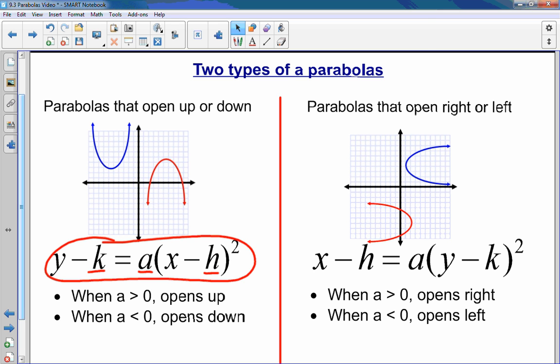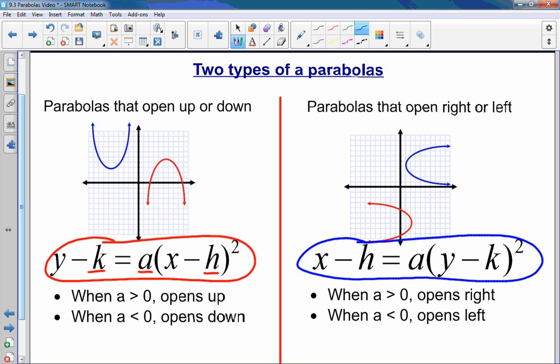Now we're introducing a new equation, and if you notice, it looks very, very similar to the one that we learned in chapter 7. The only difference is x minus h is now by itself by the equal sign, and y minus k is found in the parentheses with the square. And the reason why they switch is because if a parabola opens right or left, which variable tells us to go right or left? The x value tells us to.